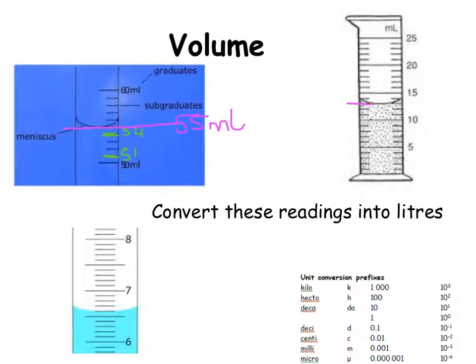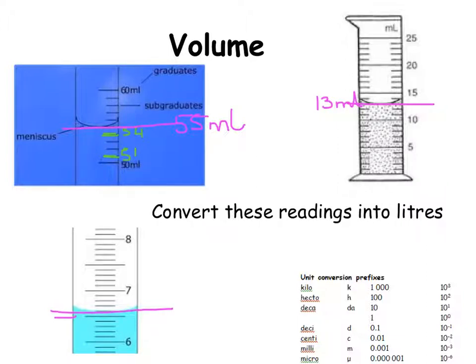The bottom of this meniscus is, if I take a look at the graduations here, I have got 10, 11, 12, 13, 14, 15. So this turns out to be on 13 milliliters. And on this particular example over here, I look at the bottom of the meniscus and I take a look at my graduations.